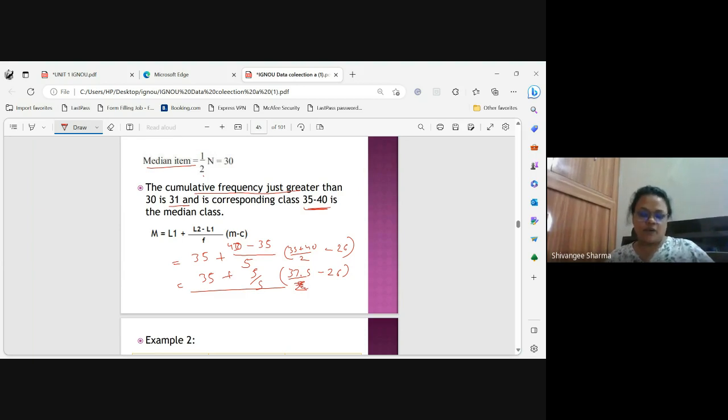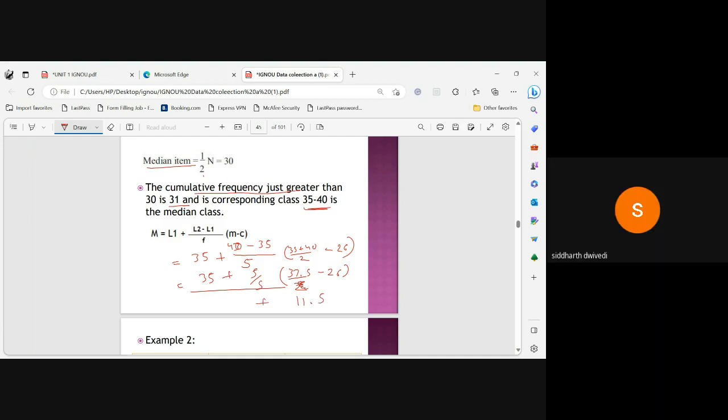Then if you subtract 26 from 37.5, we will be getting 11.5.